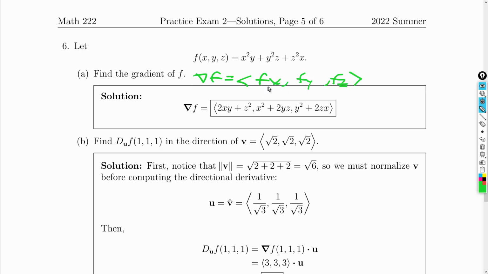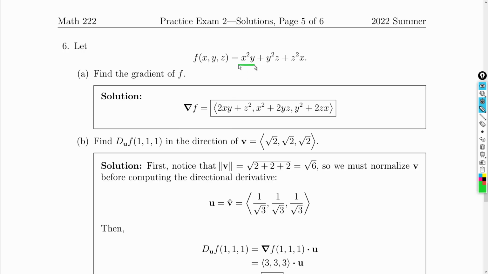So the partial with respect to x, with respect to y, and with respect to z, since f is a function of those variables. So that's how the gradient is defined. So we go ahead and compute those partial derivatives.